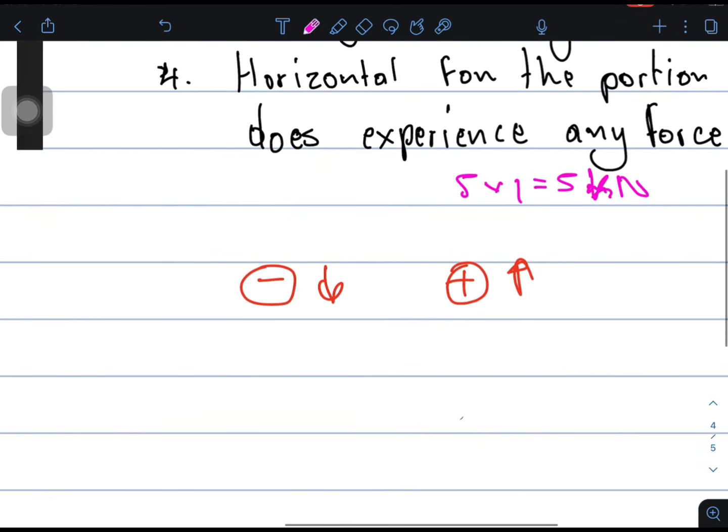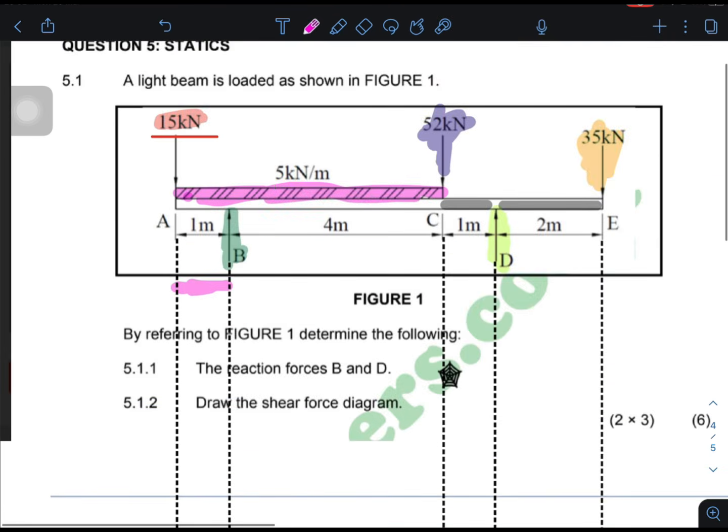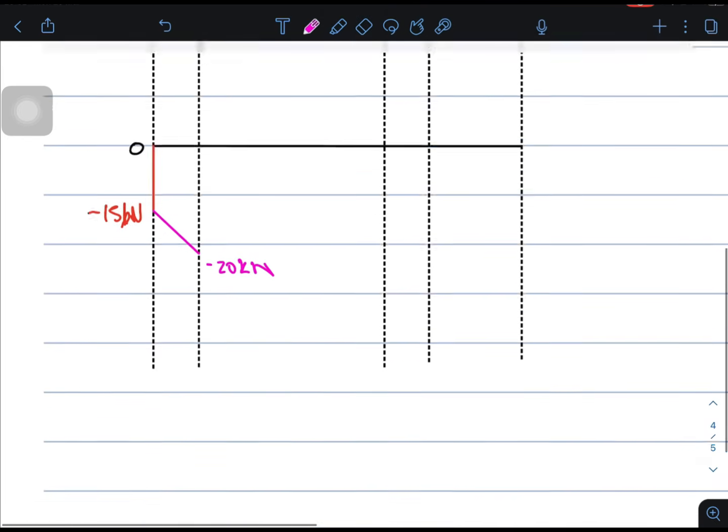So if I'm at negative 15 already, minus another 5, that means I'll be at negative 20 kilonewtons. So I said I'm going to use a diagonal line. Okay, so this is my negative 20 kilonewtons.